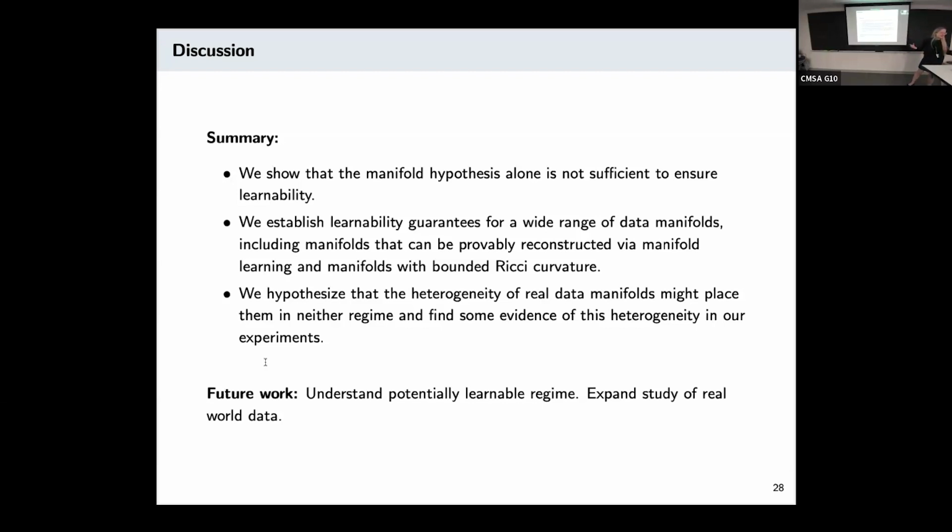And then we had some discussions. With real data, we're not really sure where that might fall, but computational experiments on real data manifolds could give us some intuition eventually on what characteristics we need to take into account and how we could potentially expand the learnable and the hard regime. So that is future work.